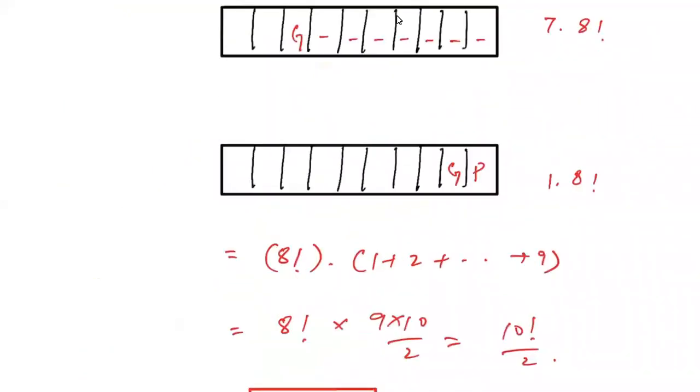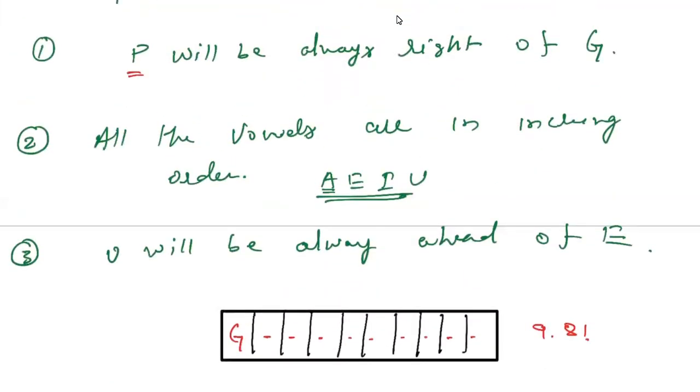Like in the second question, what they are asking is that all the vowels are in increasing order as in the dictionary, A, E, I, and U, right?